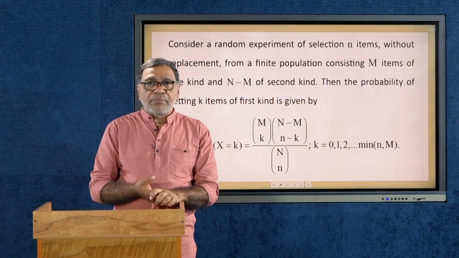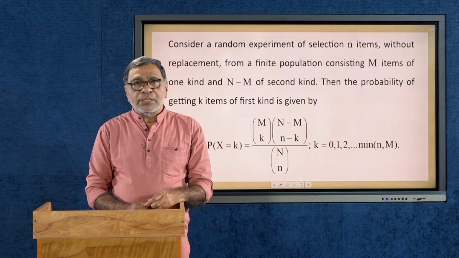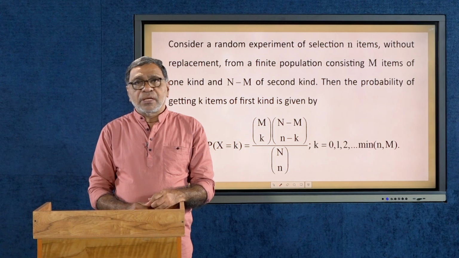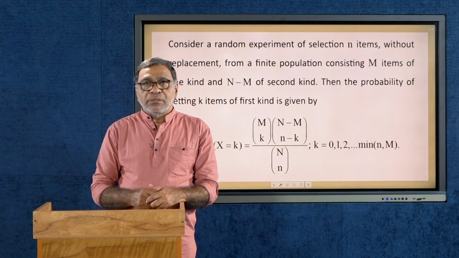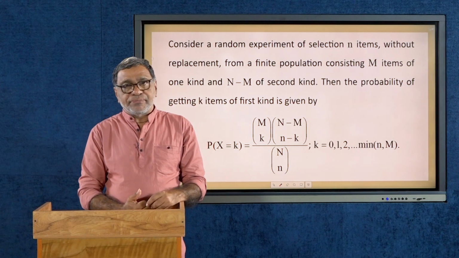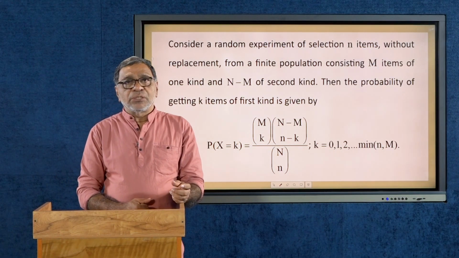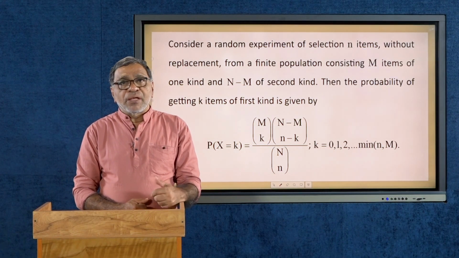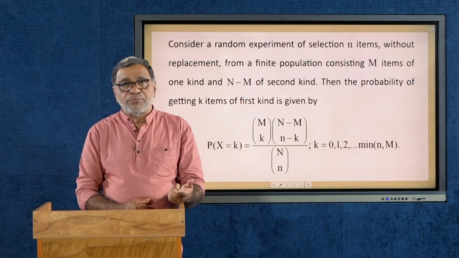Consider a random experiment of selecting n items without replacement from a finite population consisting of m items of one kind and n minus m of the second kind. Then what is the probability of getting k items of the first kind? This question is addressed here.